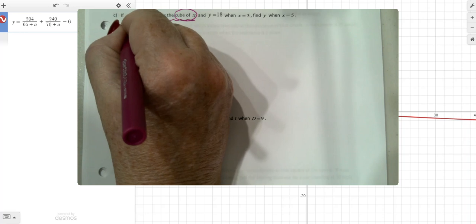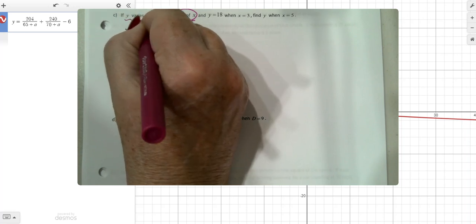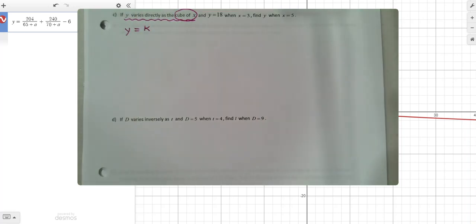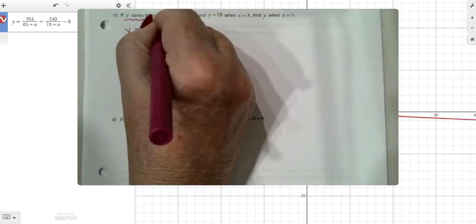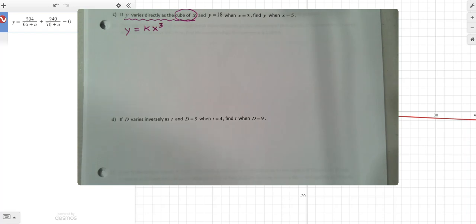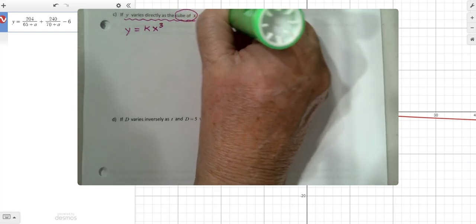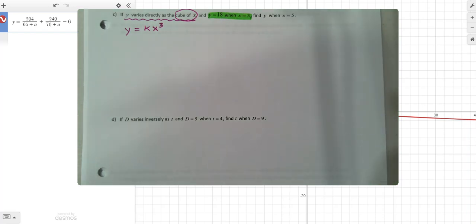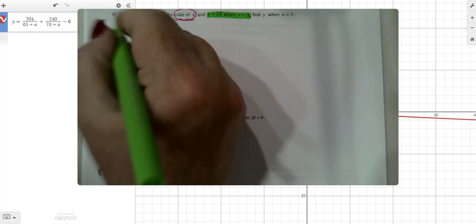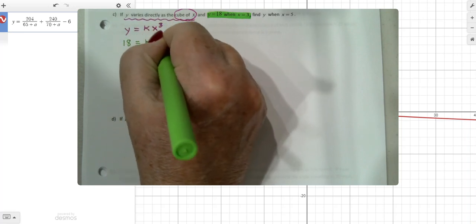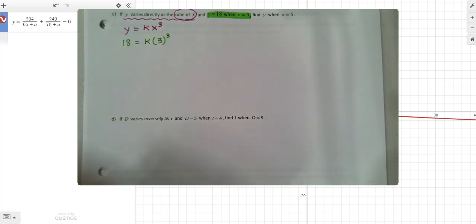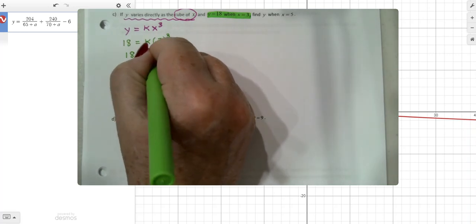So this time my variation equation is y equals, again, k multiplied by, it's direct variation, x cubed. Plug in my given information. Y is 18 when x is 3. And I have 18 equals 27k.